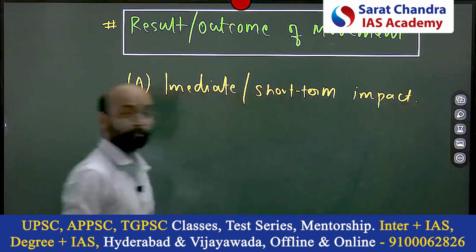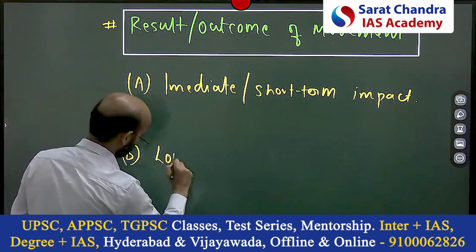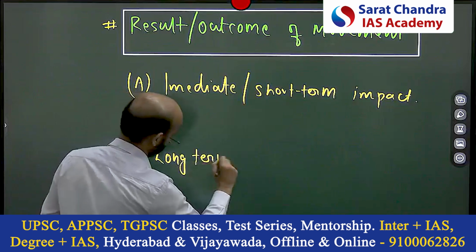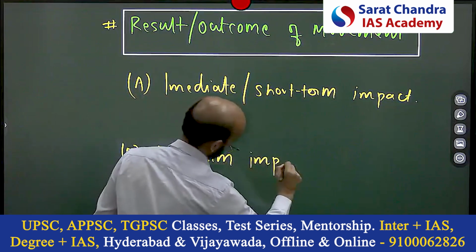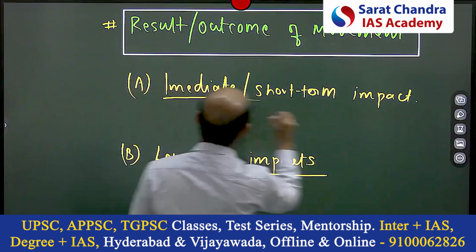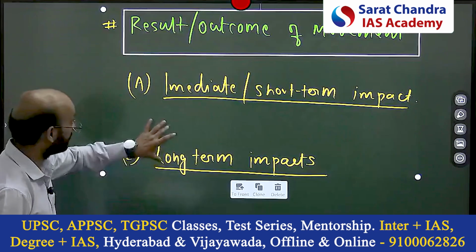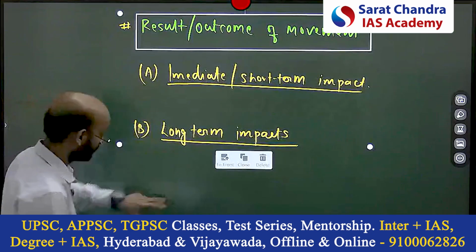This will be the specific point we have to write. B, we have to write long-term impact. Okay, so short-term impact, long-term impact. Now for the short-term impact, I gave you a certain framework here also.